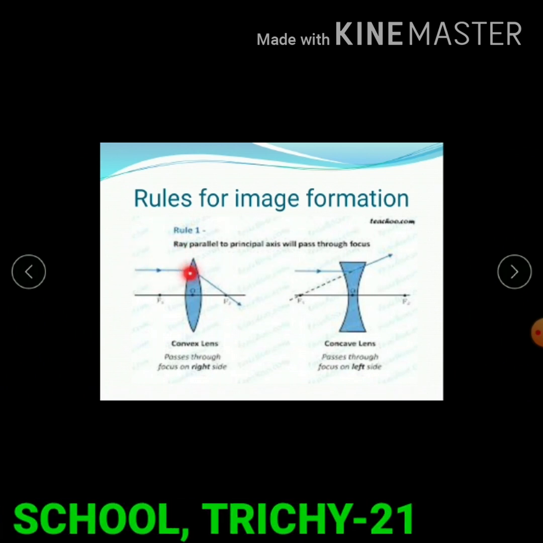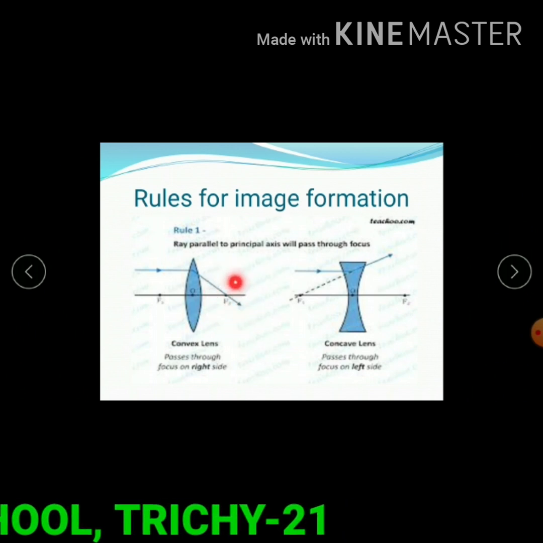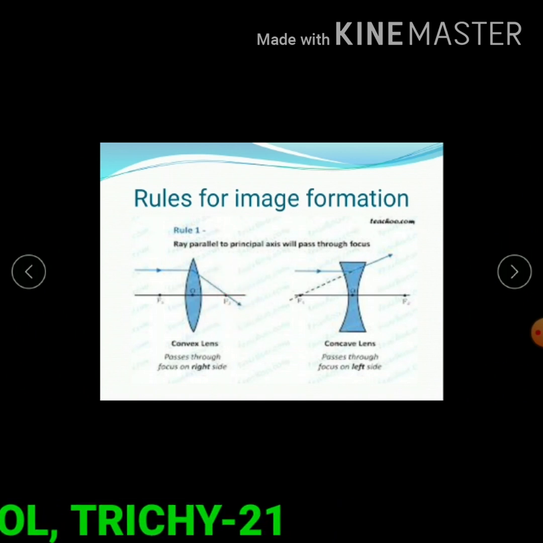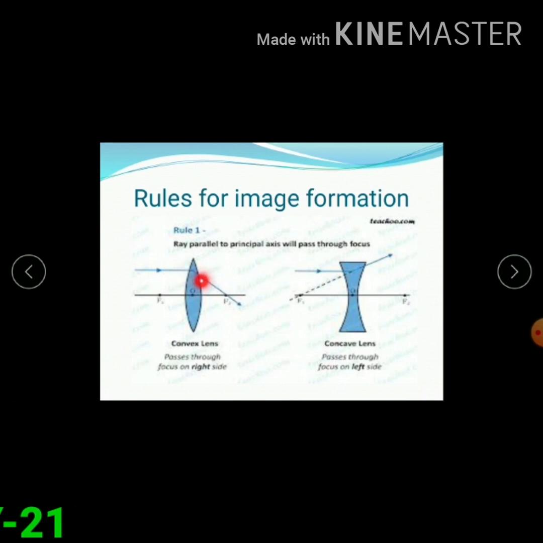This ray, parallel to the principal axis, will pass through the focus. This is the point where the light rays converge in a convex lens. Here this is the principal focus from which the light rays diverge. In concave also, a light ray parallel to the principal axis will pass through the focus. So this is the first rule.